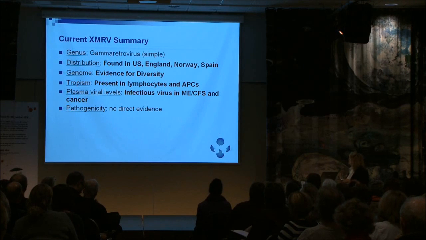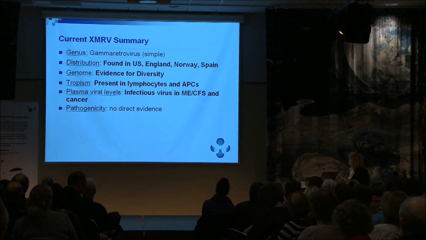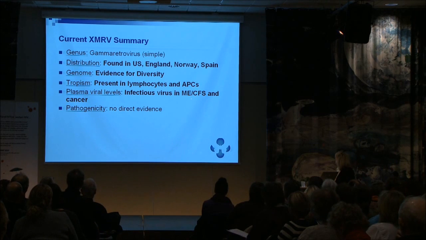So this is a summary of what we know about XMRV. While it's present in lymphocytes and APCs, it might not be the major in vivo reservoir. Infectious virus is present in both ME/CFS and cancer, and I didn't show you that Frank Rossetti has isolated XMRV from prostate cancer. We find the virus in the US. I showed you England.